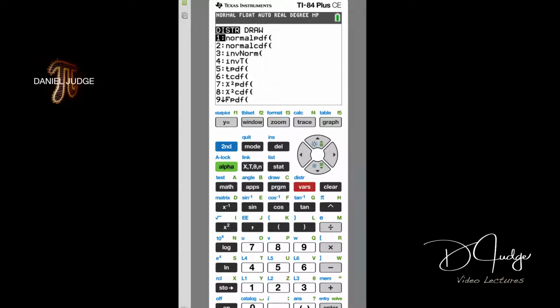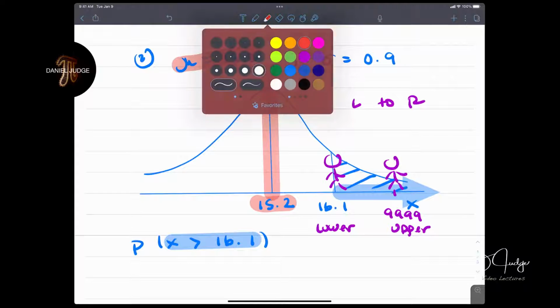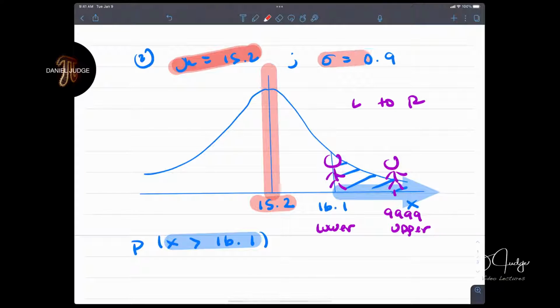Second distribution, normal CDF. Now remember, we have a new lower value, and that's 16.1. We have a new upper value, 9,999. So take a look at this, ladies and gentlemen, in the iPad. A new lower value, a new upper value. Don't forget to change your mean and your standard deviation. Okay? Don't forget that.